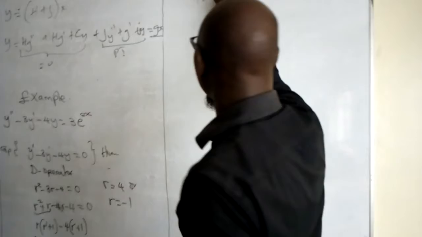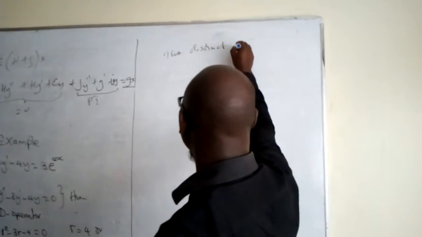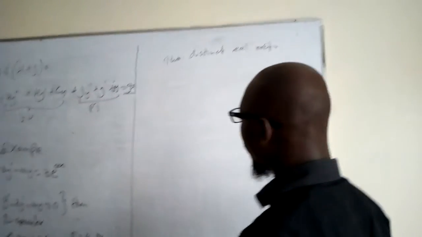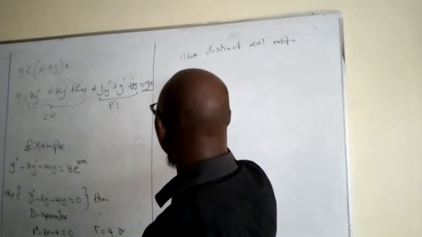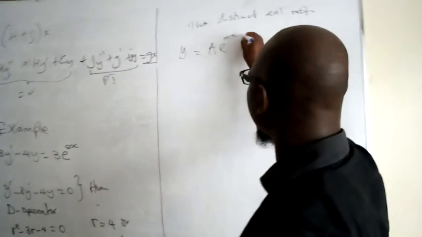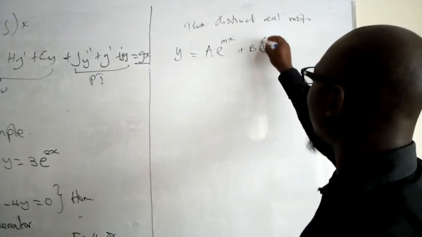So from the homogeneous equation, we have got two distinct real roots. If the roots are distinct and real, the general solution is of the form y equals a exponential of m x plus b exponential of alpha x.